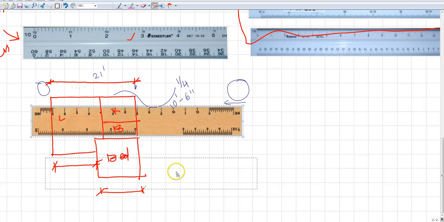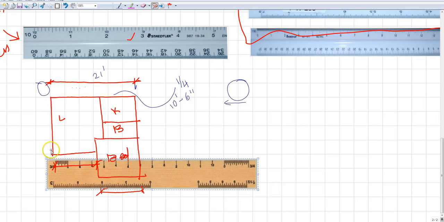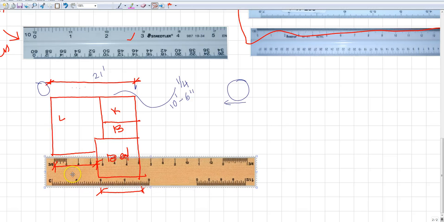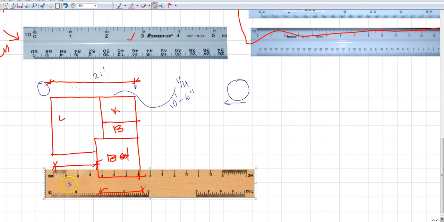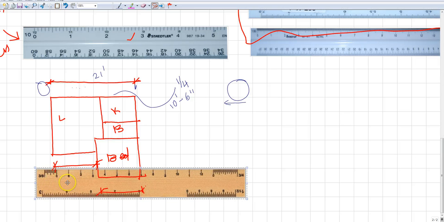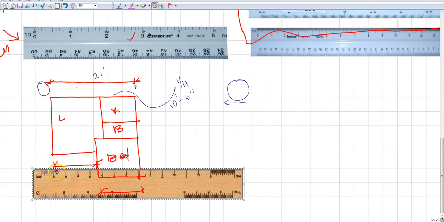Now I would like to take the dimension of this. Okay, so how much is each foot? If you look from 0 till here on 3/8 scale, that's 1 foot. So if I were to measure this distance, I'm going to line it up on 0, there you go, right in the center, and then I read the top one, right?